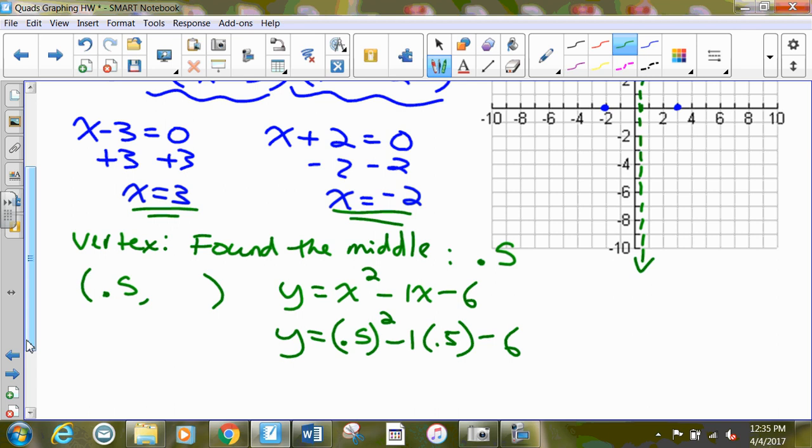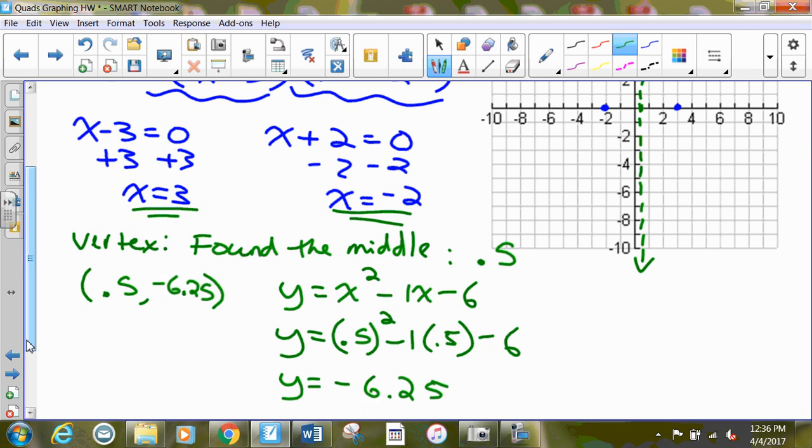That's really important. So right now, I'm putting it in my calculator, and I'm getting -6.25. It says y equals -6.25. So what this is telling us is that for this quadratic, when x equals 0.5, y equals -6.25.